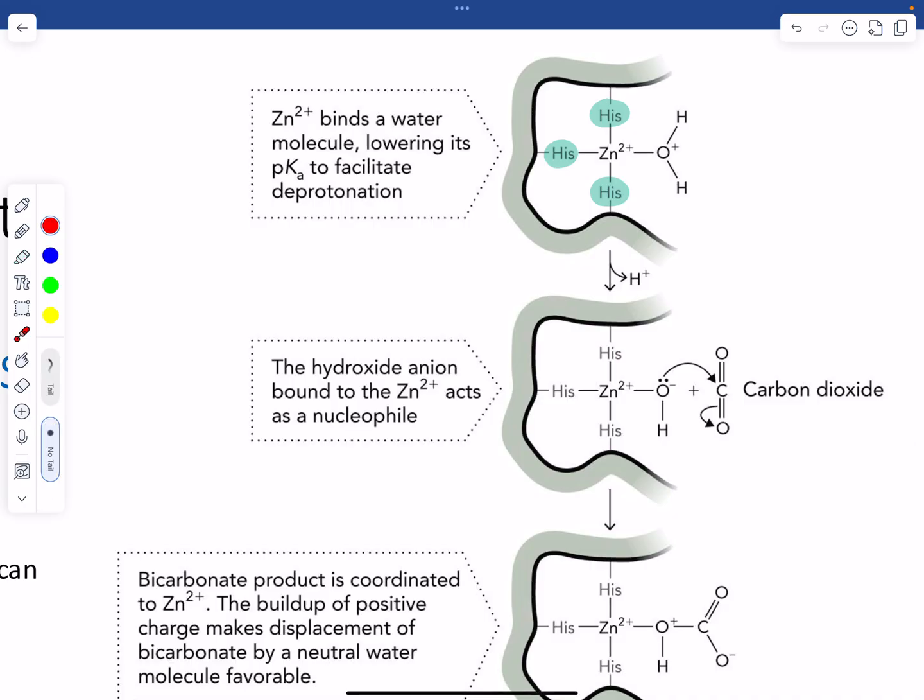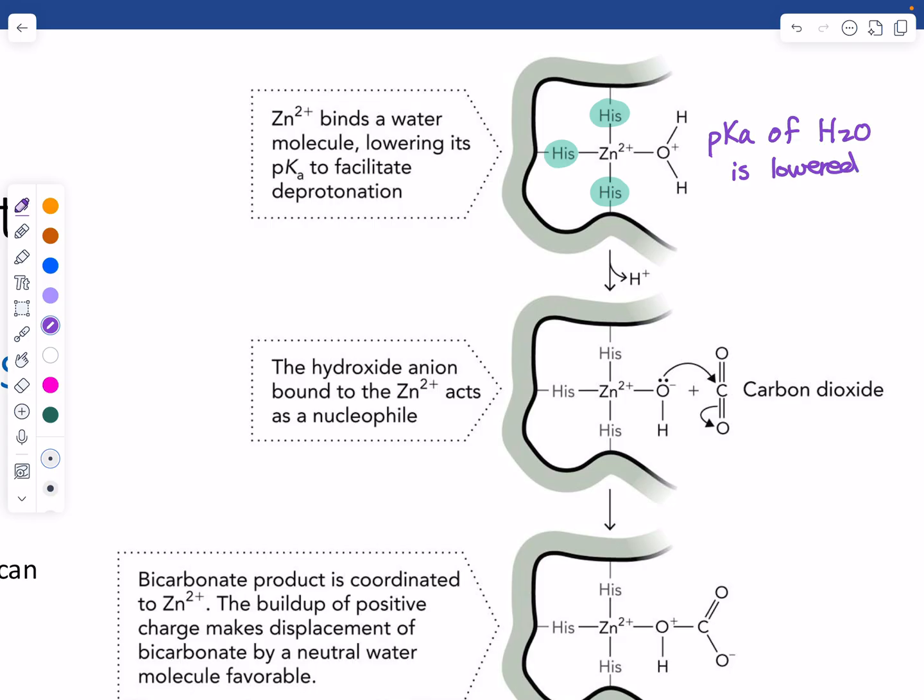Okay, now, we also have this zinc binding to a water molecule, and that is going to lower the pKa of the water molecule. Okay, so the pKa of water is lowered, right?